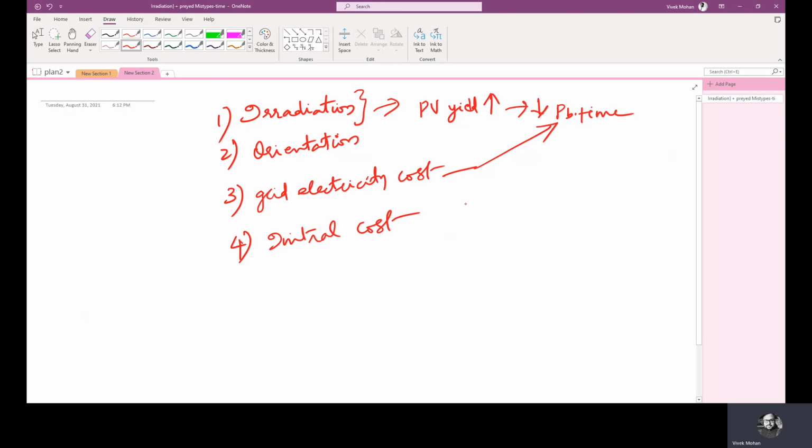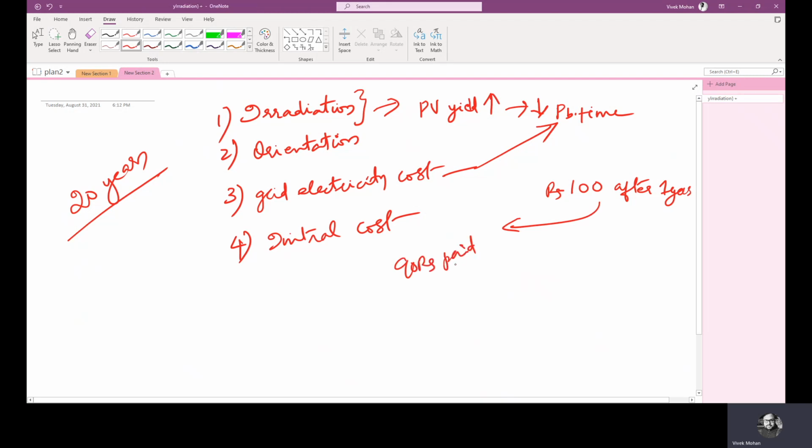Say if we are considering a significant period of time as the lifetime of solar PV panel, say 20 years. Okay. So the change of value of money has to be taken into account. Normally, when we do discounted cash flow analysis, we know that 100 rupees paid after 1 year can be equivalent to 90 rupees paid now.